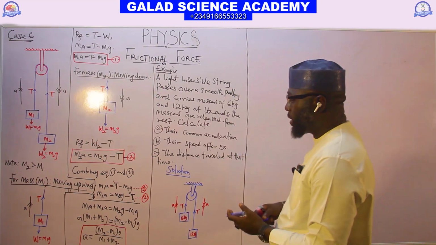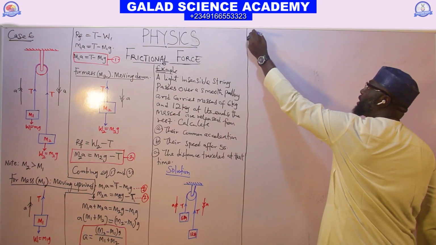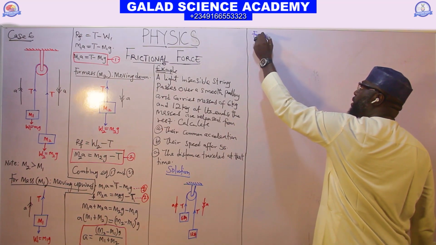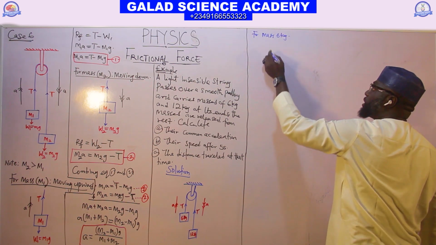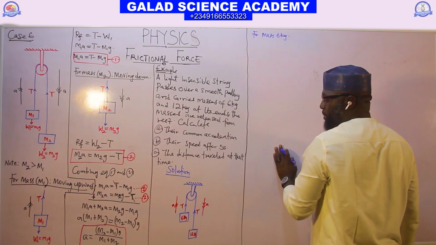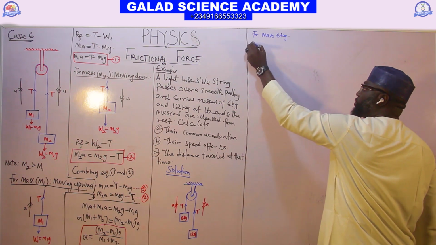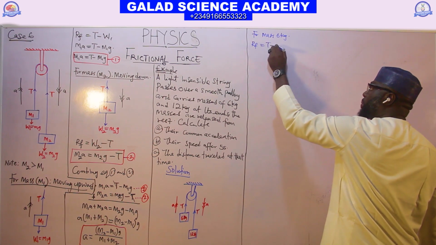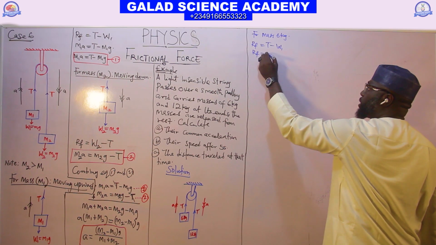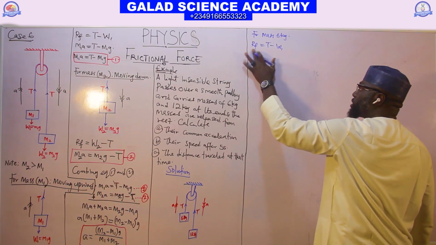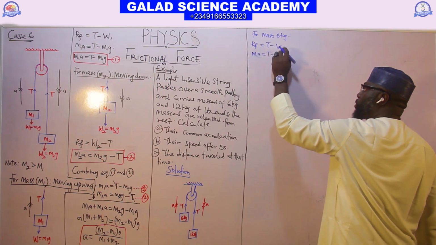So for mass 6 kg, what are we going to have? We have the resultant force should be T minus weight 1. So the resultant force will be m1a equals T minus.